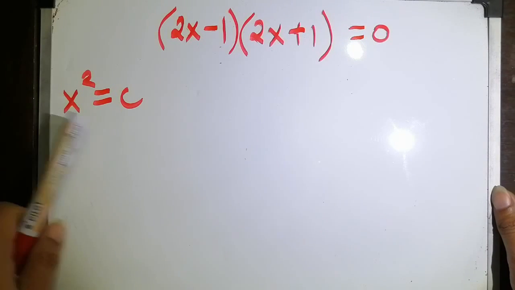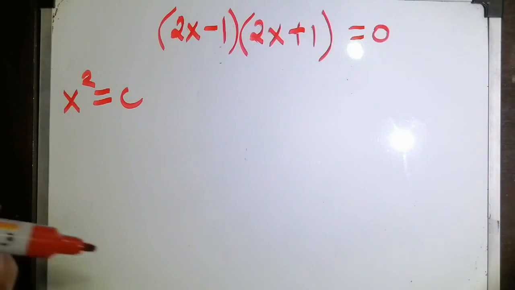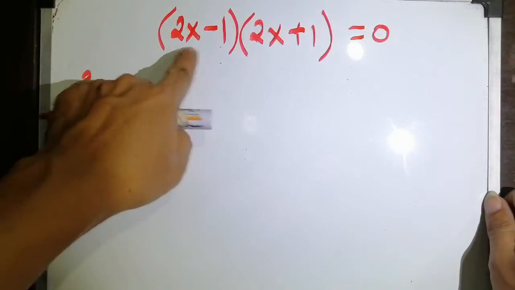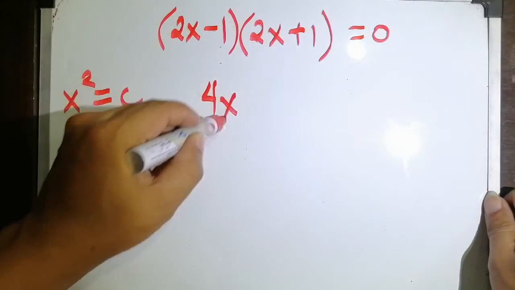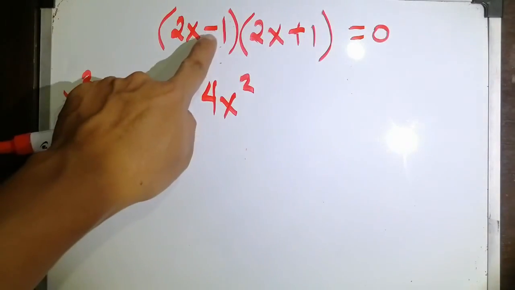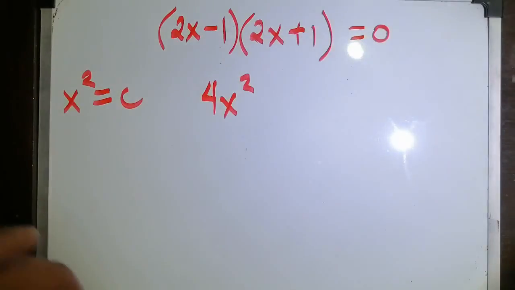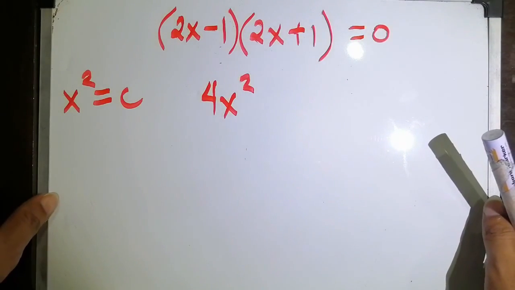Or kung hindi naman FOIL method, multiply natin long method. So 2x times 2x, you have 4x squared.